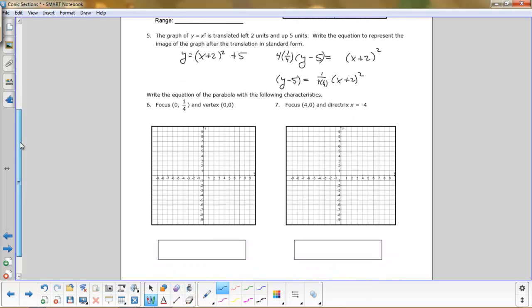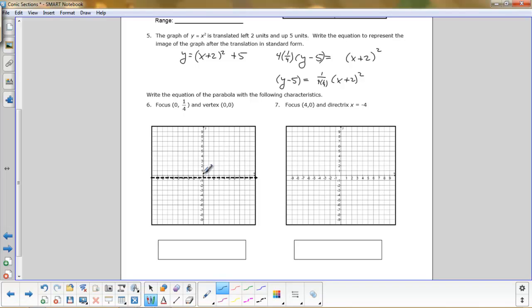Alright, question number 6 and question number 7. We are going to write an equation only from the value given in the graph. Focus at 0, 1/4. That's this guy right here. Directrix will be at negative 1/4, somewhere in here. And my vertex will be right in between at the origin.